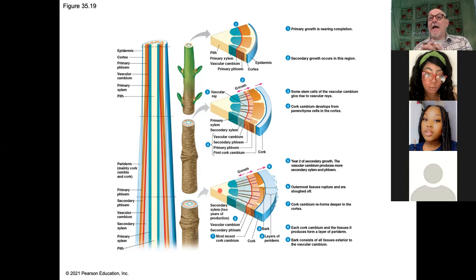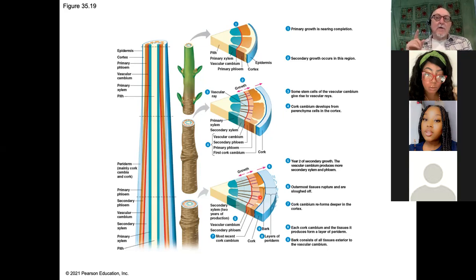And when we look at a really old stem, we won't be able to see any pith at all. Instead, what we'll see is a big, thick layer of secondary xylem, and then a very thin layer of living phloem tissue, and a quite thick layer of the cork on the outside.